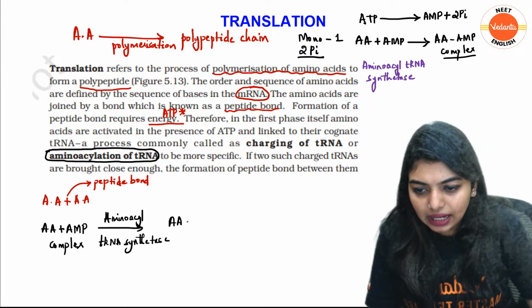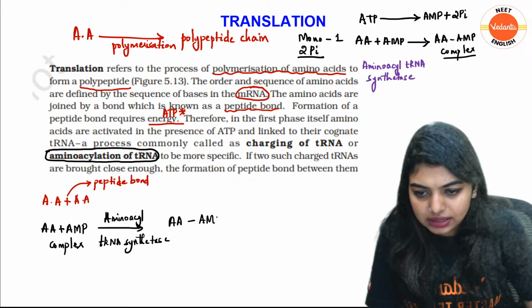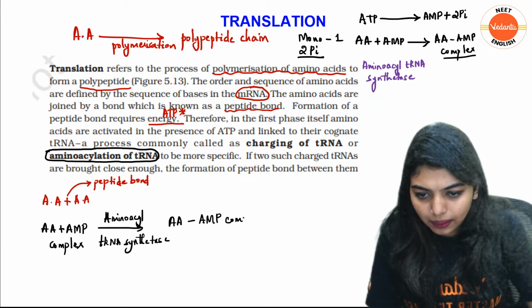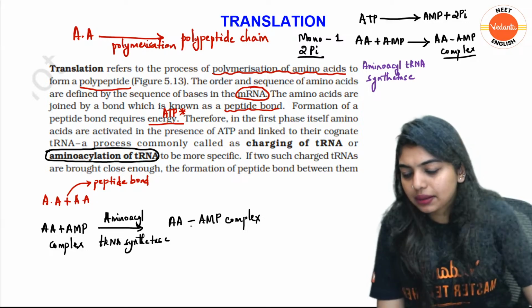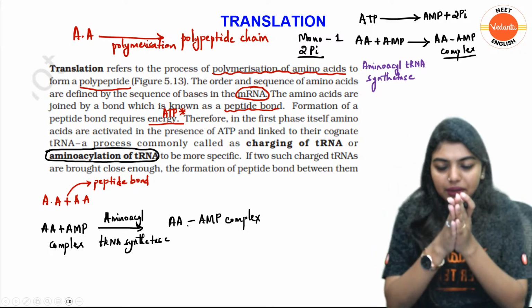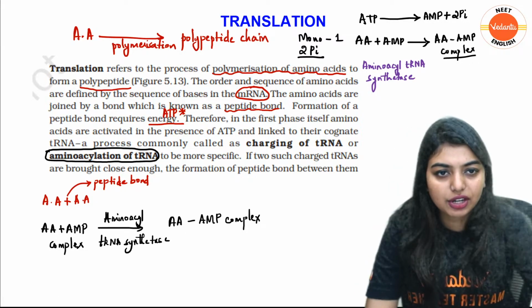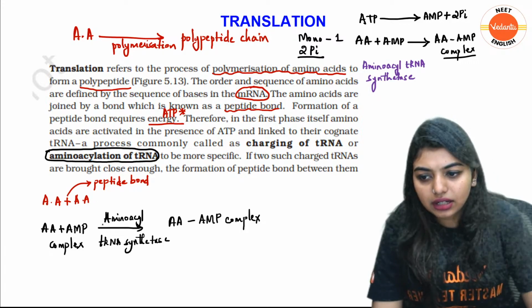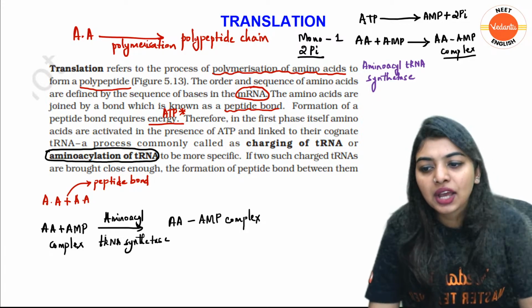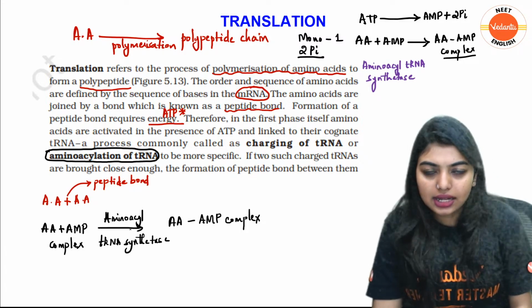It will form AA-AMP complex. That means amino acid and AMP. So this complex which I formed here, I've written the reaction here properly with the help of amino acyl tRNA synthetase.